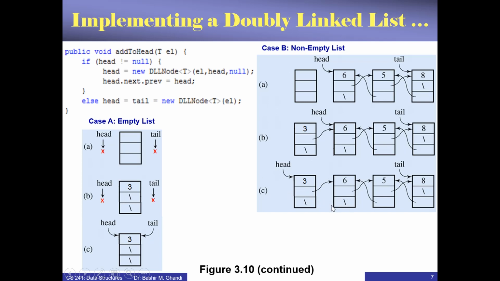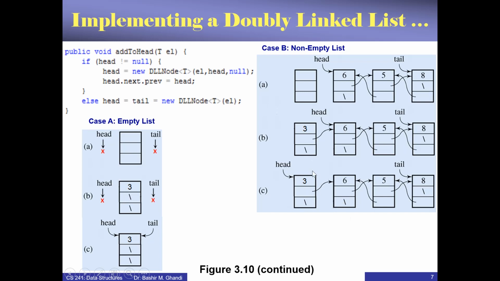First of all, how do we reach this variable? Starting from head, we reach it by saying head dot next dot prev. Because before we can change it, we need to access it. So to access it, we have to say head dot next dot prev becomes what?